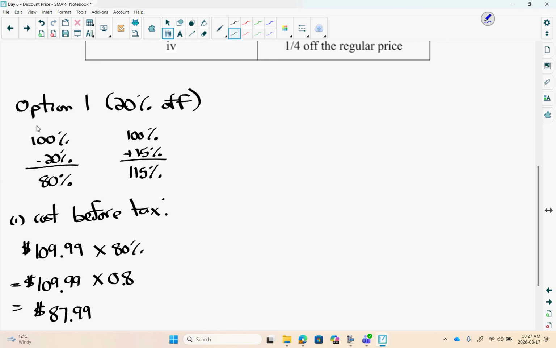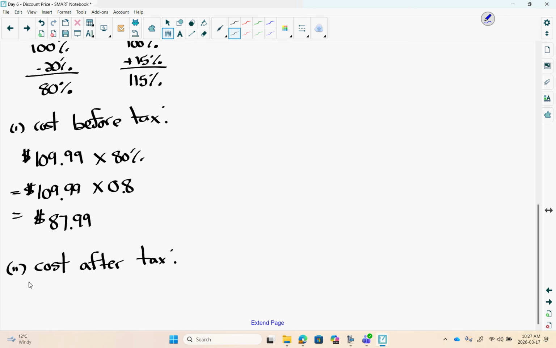115%. So this was the discount, and this was the tax. I'm going to take the $87.99, and I'm going to multiply it by what? What would I multiply it by, guys? 1.15, 115%.